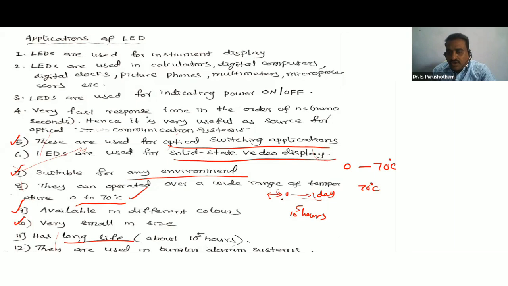After some time you switch that button off, for example, a TV. Then the next hour or next day you start it. It will start from 0 to 10 to the power 5 hours. So it has a long lifetime. 10 to the power 5 means 1 lakh hours.